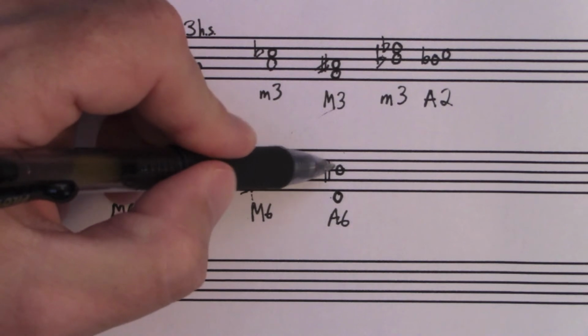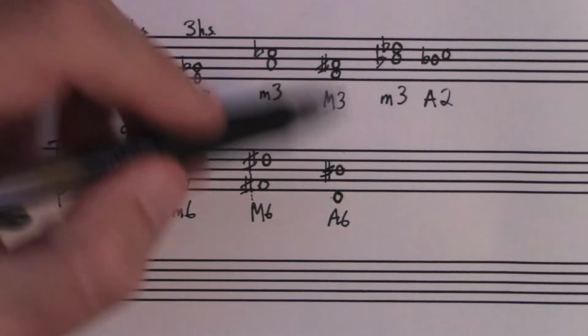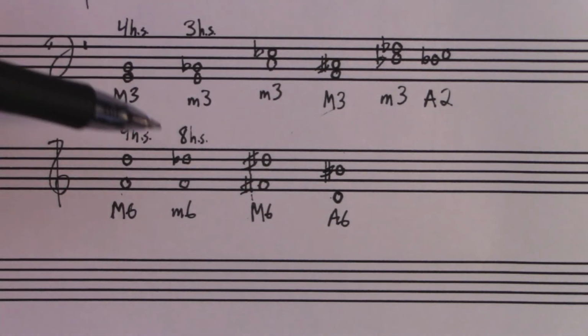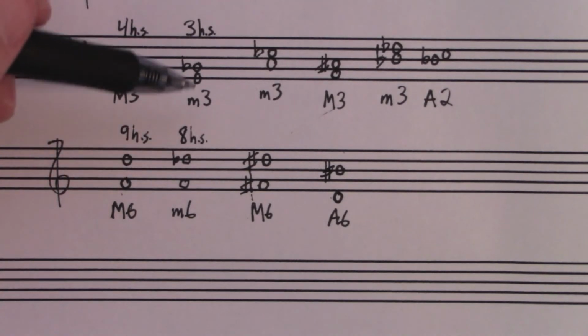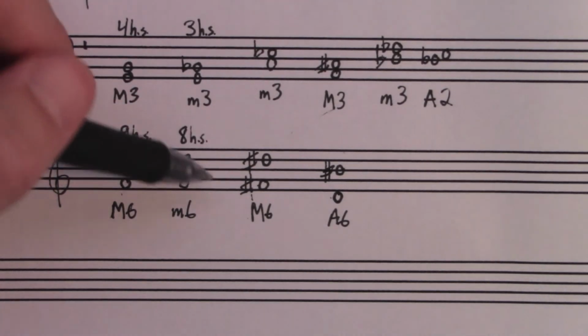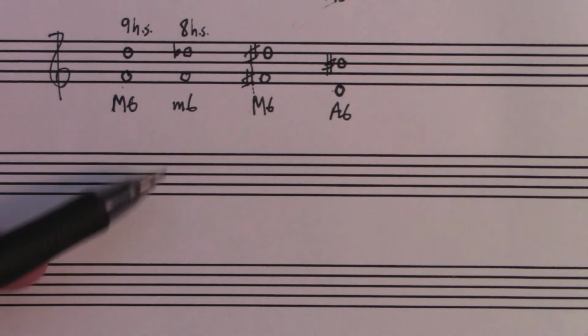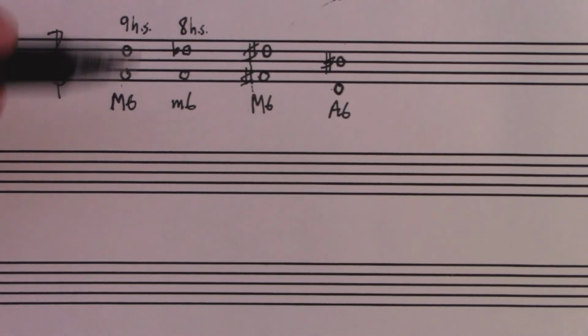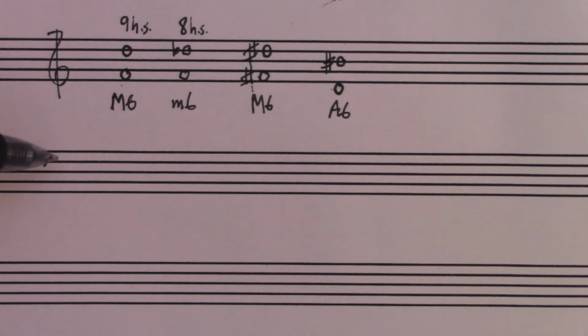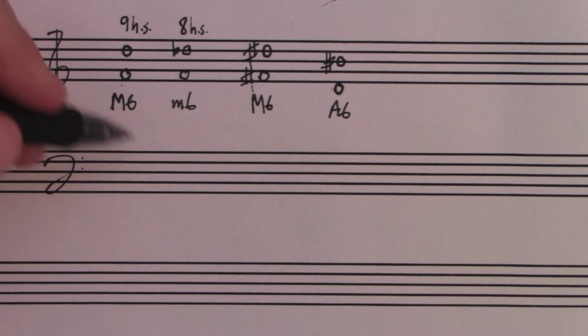So we sharp that. That's our augmented sixth. Again, it's the same process, just know the different numbers of half steps, and you will be all set. 2s, 3s, 6s, and finally 7s.